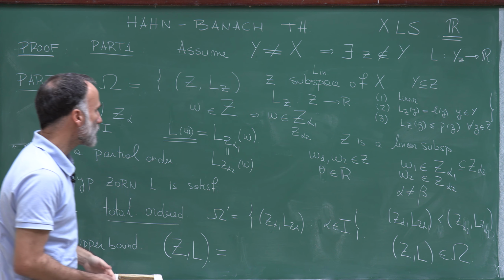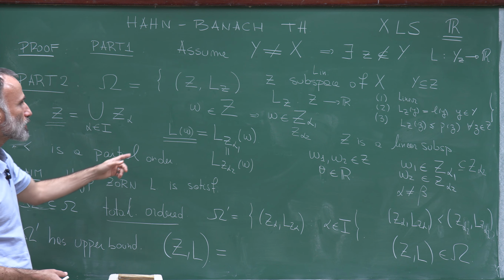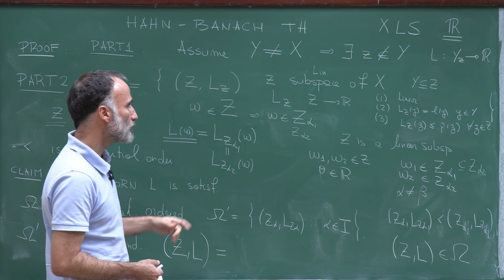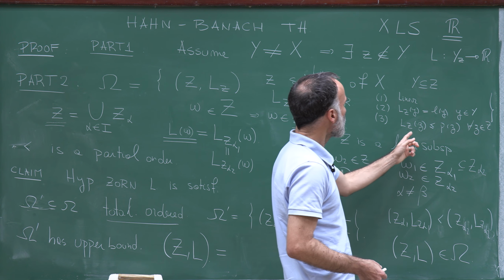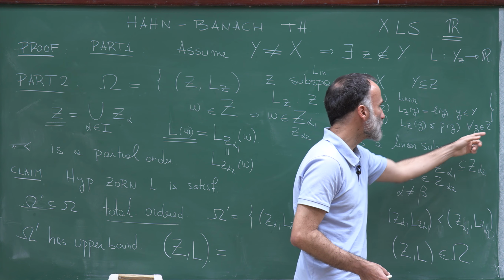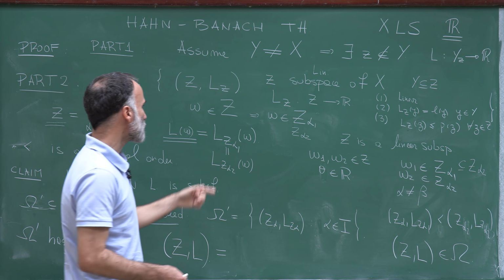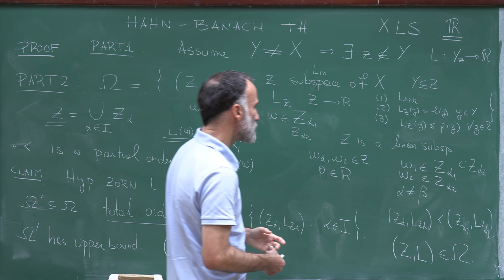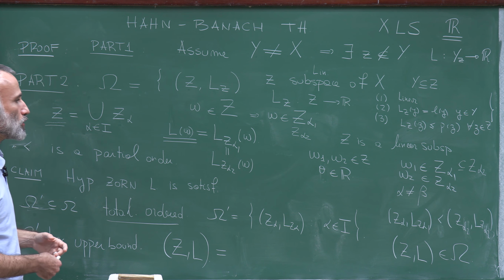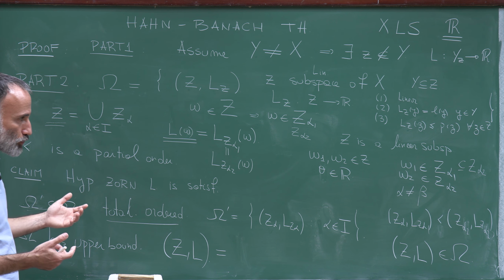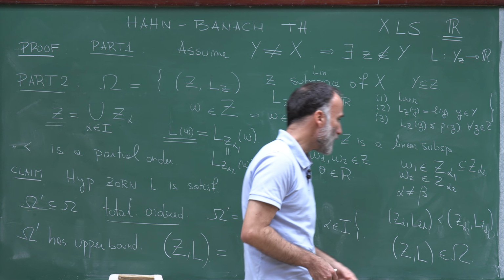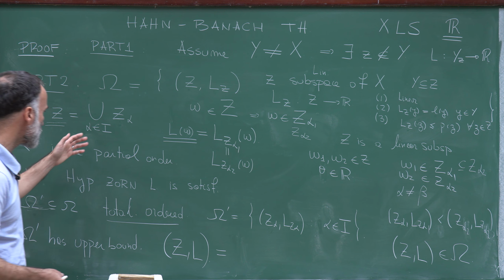The third inequality is also very easy to prove because L coincides with L_Z_alpha in Z_alpha, and L_Z_alpha is bounded by P on Z_alpha. So by definition, L will be bounded by P on the space Z. So this proves that Z, L is an upper bound for the space we just constructed.